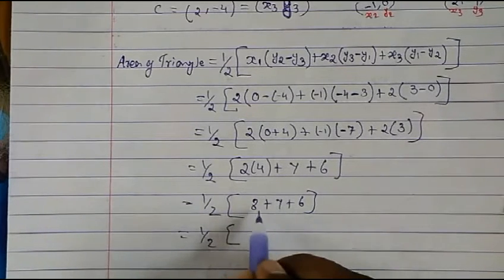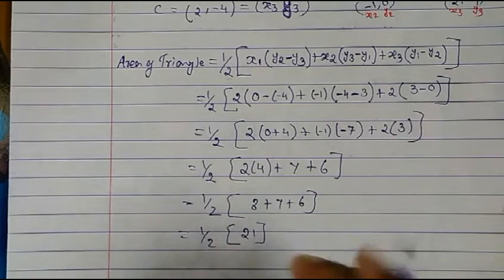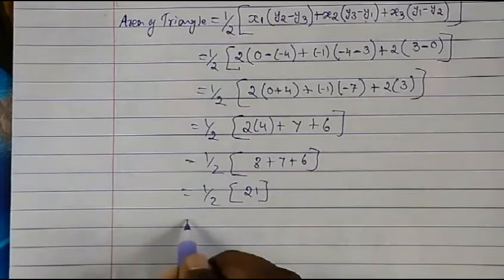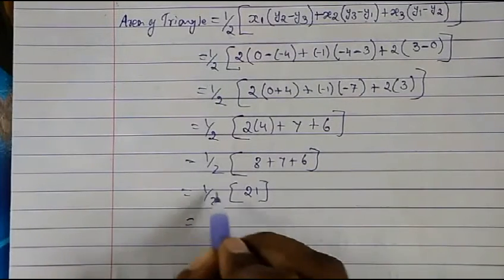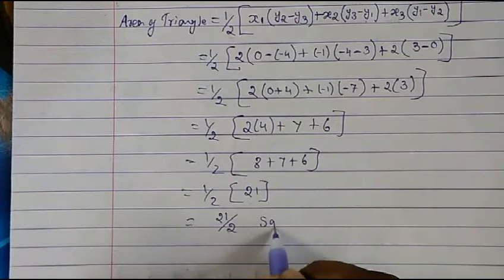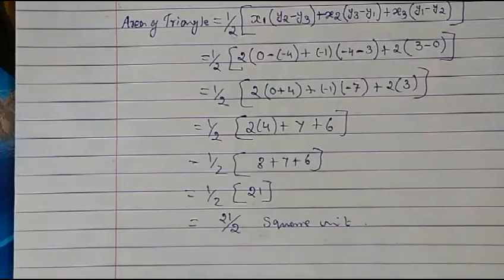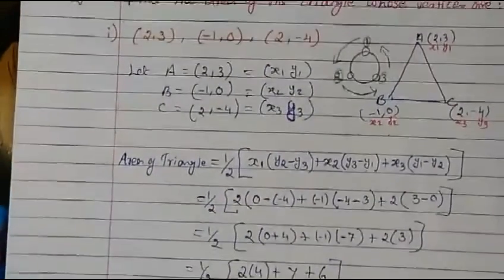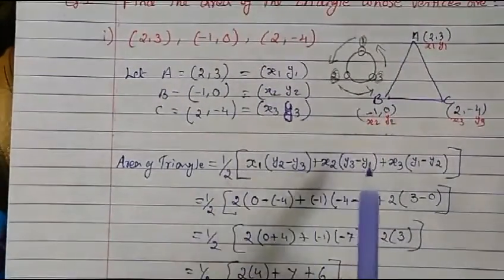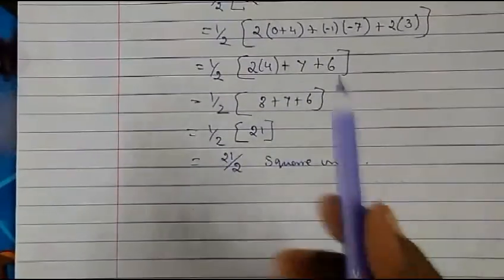So 8 plus 7 will be 15, 15 plus 6 is 21. Multiplying 1 by 21 gives 21 upon 2. So this is our answer.